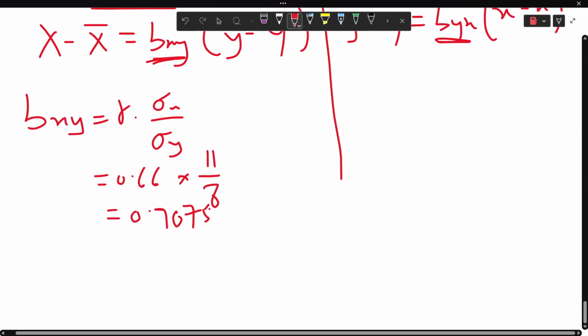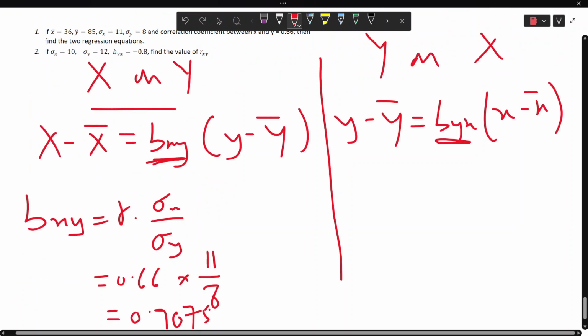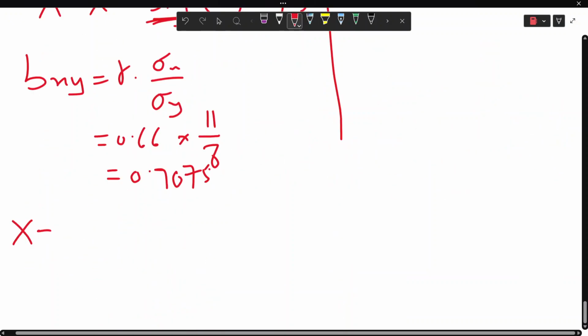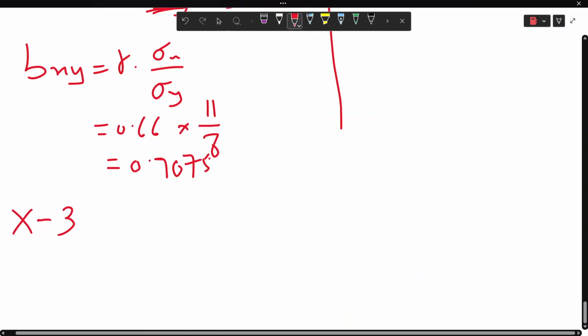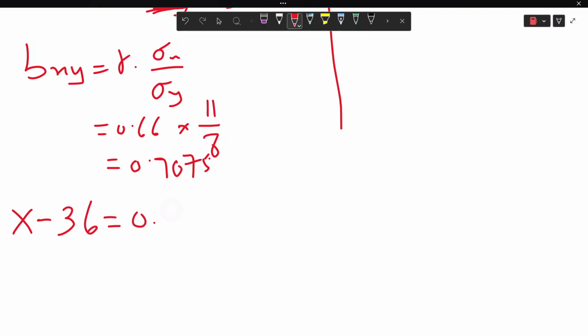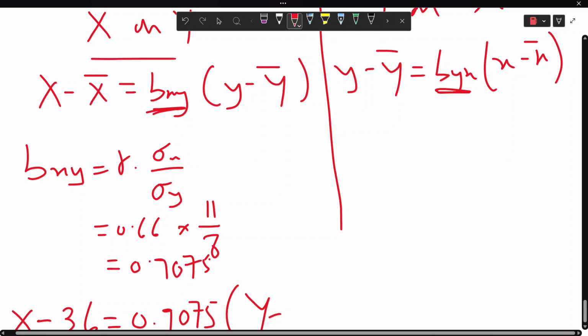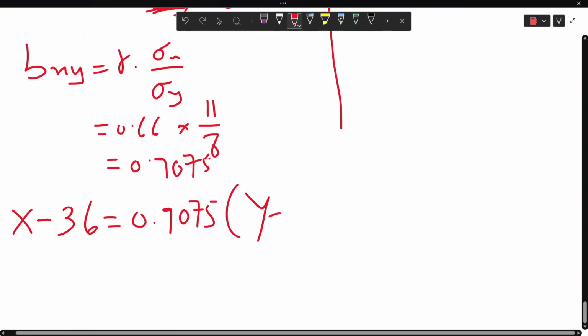Now x minus mean of x, which is 36, should be equal to 0.9075 times y minus mean of y, which is 85.